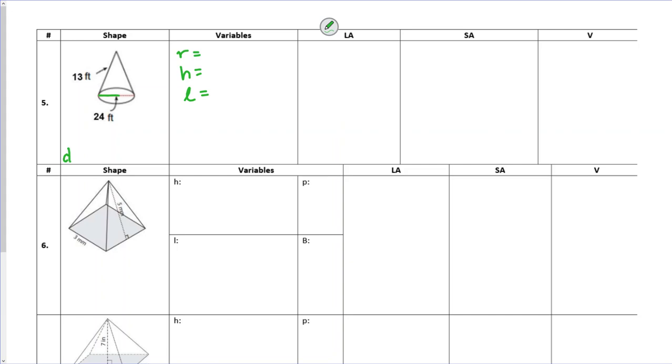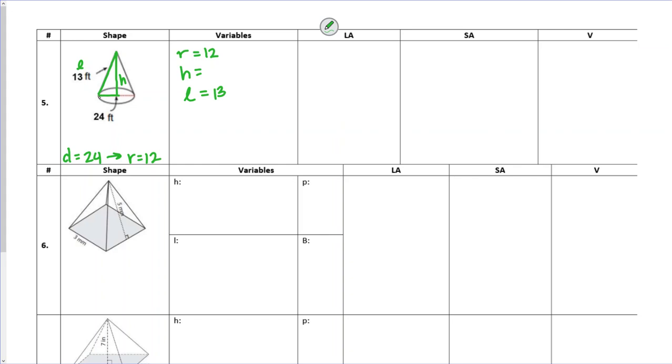So if my diameter is 24, that means my radius is half of that. So my radius is 12. From the point straight down, that's my height. So I'm missing that. And then from the point down the side, that's my L. So my L is 13.